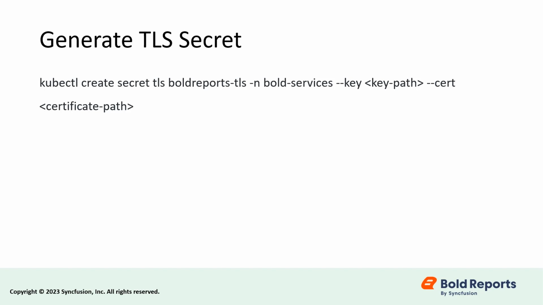Before configuring SSL, I need to create the TLS secret with the SSL certificate by running this command. Bold reports TLS is the secret name. This indicates the path for the .pem file and the .crt file path. You should use your domain SSL certificate.